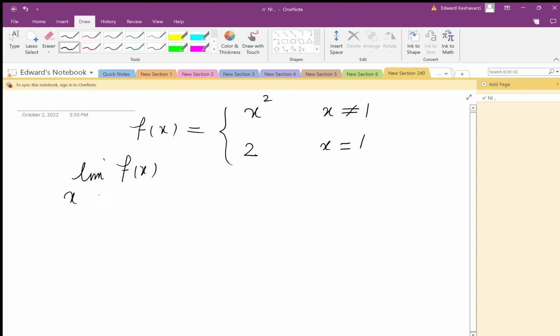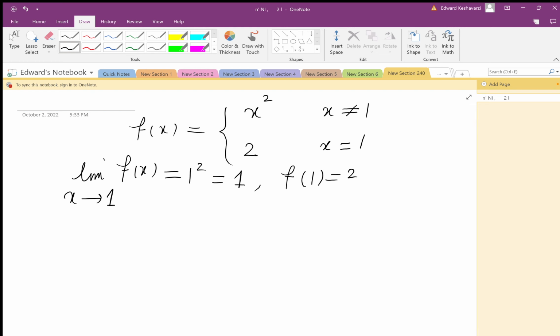So limit of f of x as x approaches 1 is 1 squared, which is 1. And f of 1 equals 2. As you see, the y value at 1 is not equal to limit. Therefore, function has a removable discontinuity at 1.